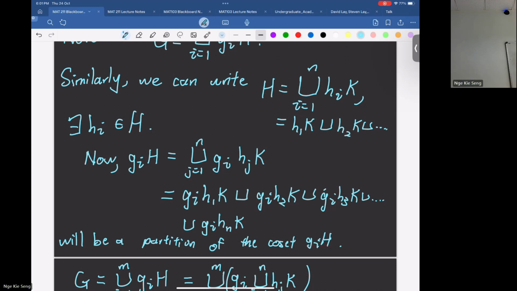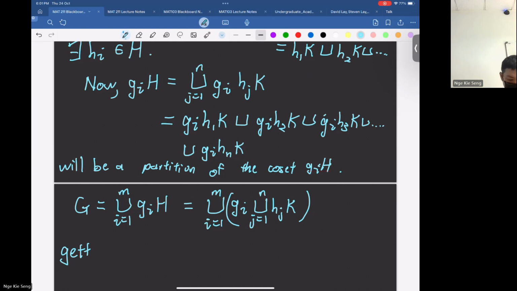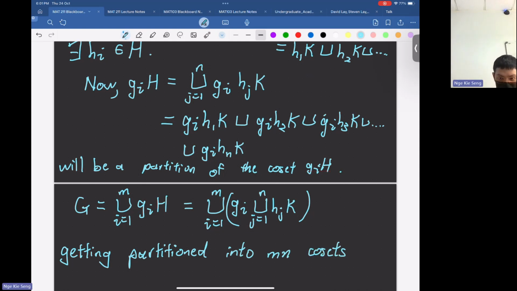Question? So, getting a partition into mn cosets of GiHjK. Question? Yes, I mean this part here.